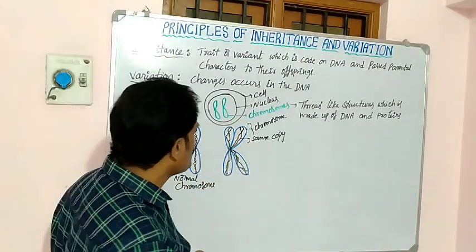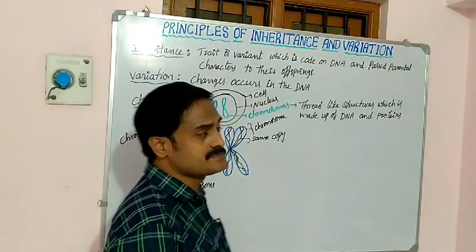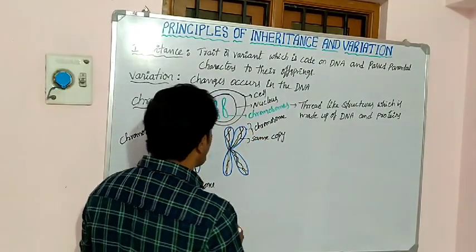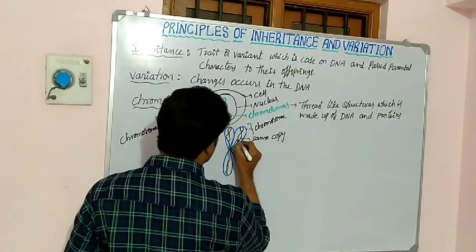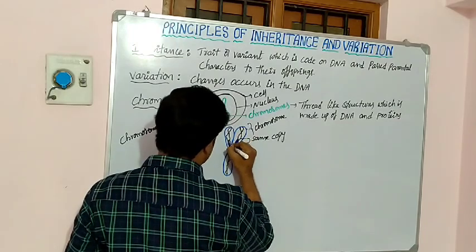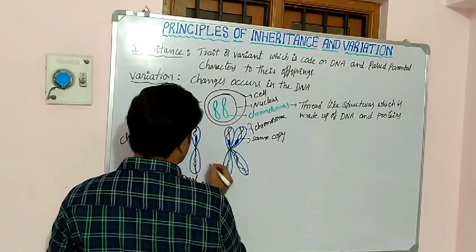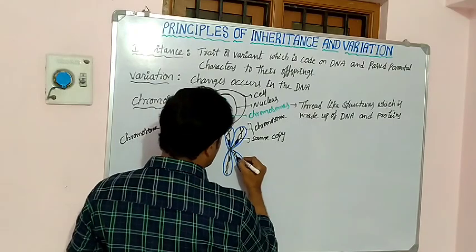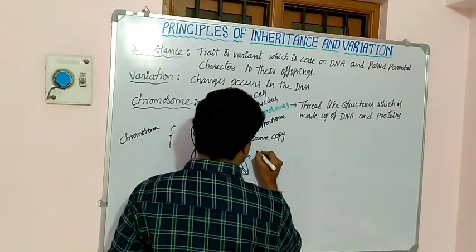So in this chromosome, some parts are called by a special name. What is that? It is called a gene. What is a gene? See here, suppose this portion, or this portion, any one portion or part of the chromosome, we call a gene.